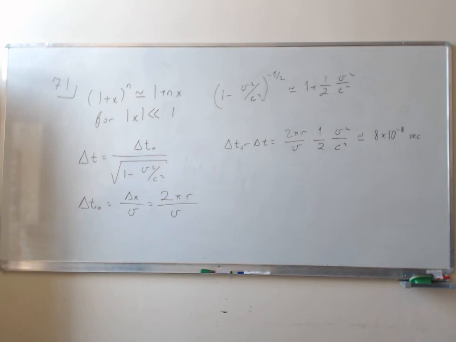But this is not going to work because there is an additional effect: the gravitational field is different on the surface of Earth and at the altitude that the plane is flying, and that leads to an additional time shift, and that time shift is actually more important than this one. It depends on the speed of the plane, of course. Maybe this is too high, but I think that for, for example, 500 kilometers per hour, that effect is more important.